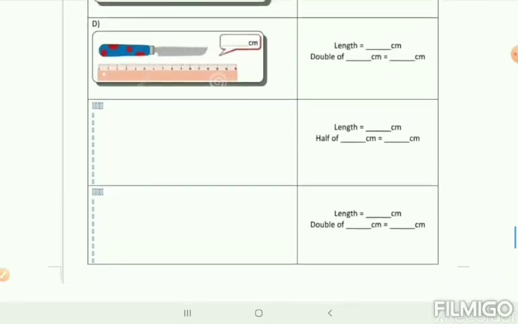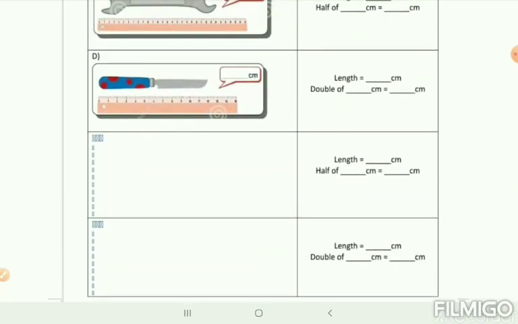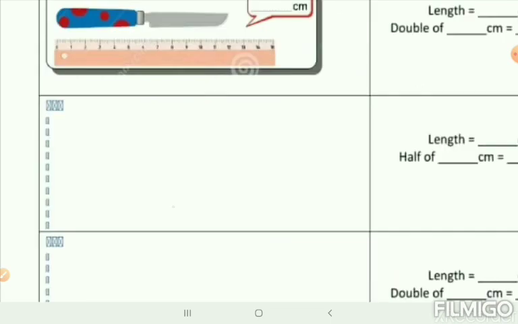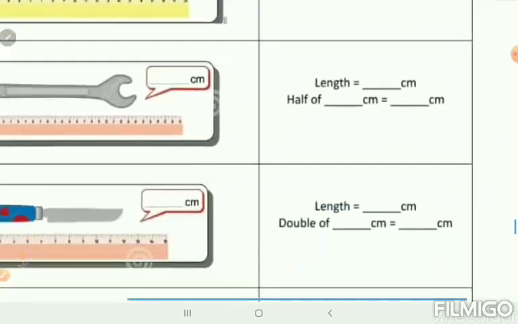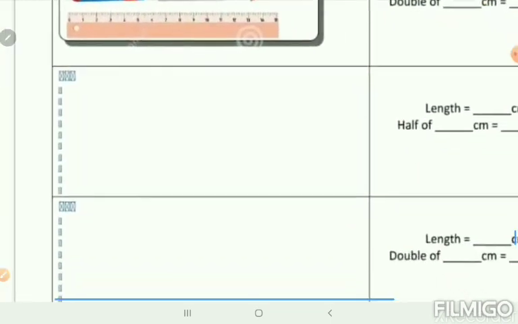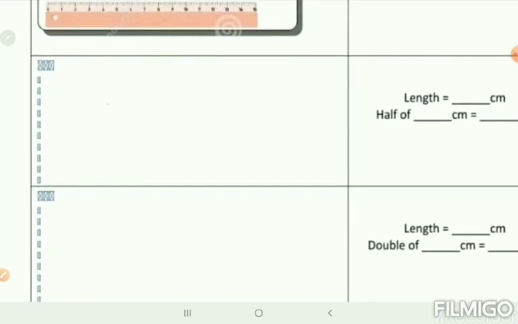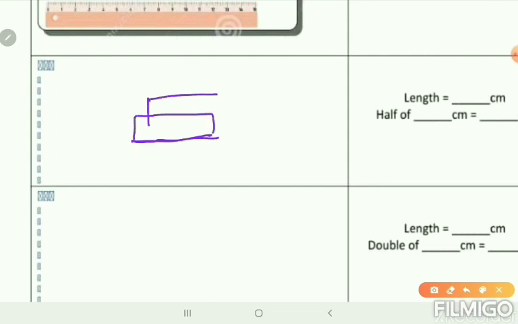Now there are 2 boxes blank which I have given. You are going to take any object which is around you, measure it and write. You have to draw the figure out here. Suppose for example, if you want to measure your pencil box, you can draw your beautiful pencil box here.